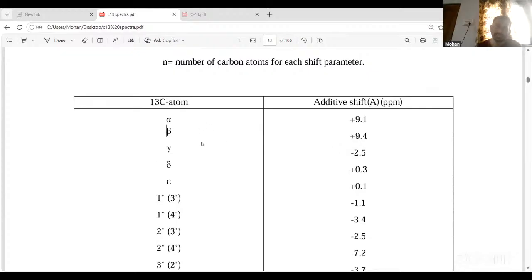If it is at the beta position, the value is 9.4, gamma is minus 2.5, delta is plus 0.3, and epsilon is plus 0.1.